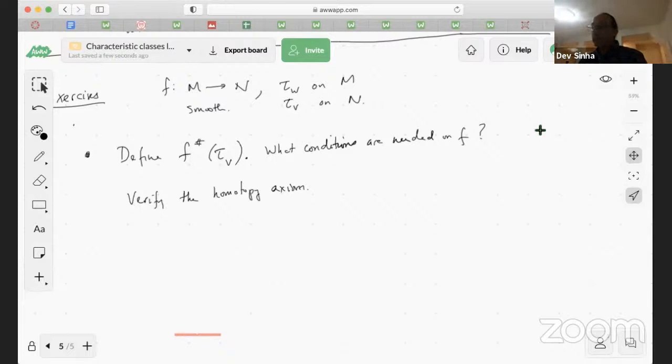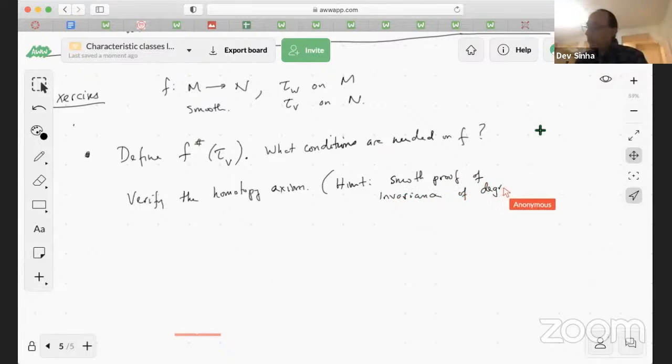So let me give you a hint if you haven't looked at it before. Look at the smooth proof of invariance of degree. This is one of those facts that is a little pet peeve of mine in our subject.